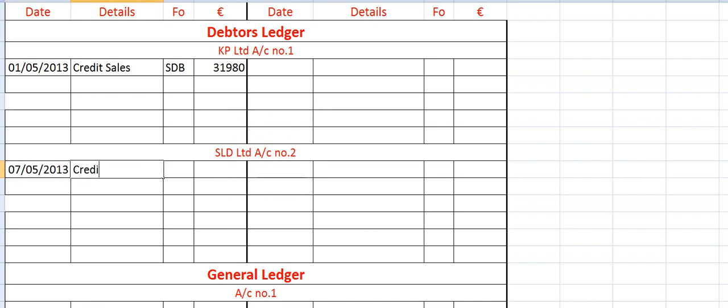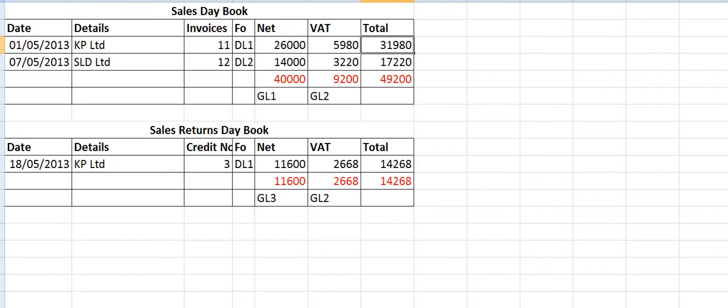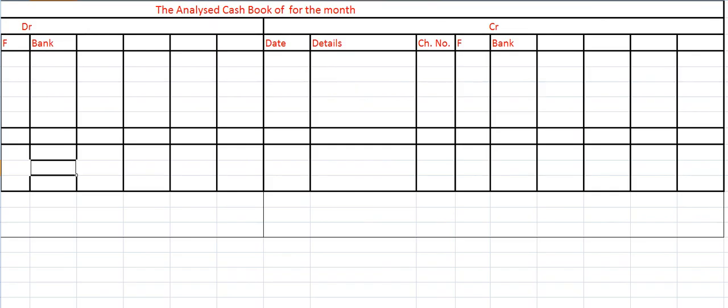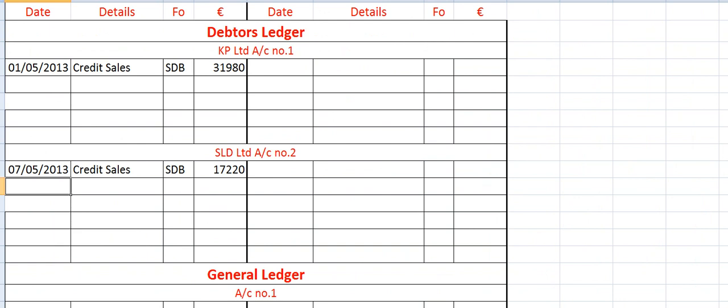Credit sales, SDB, and that is the amount including the VAT, which is 17,220. That comes from here, 17,220 total including the VAT. So at the moment now, between these two figures, I have 49,200 on the debit side.